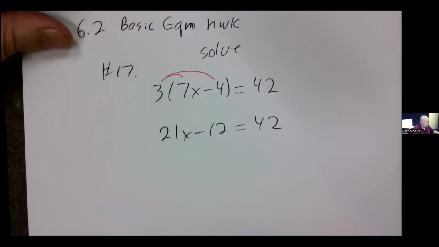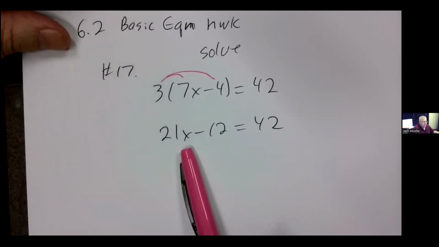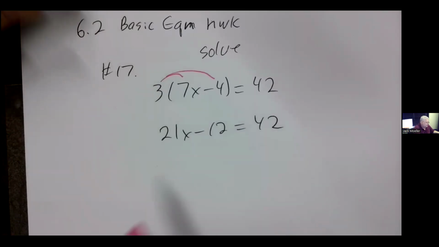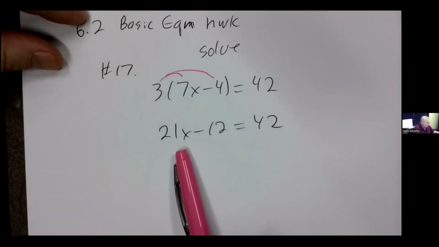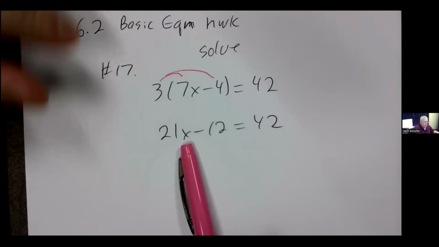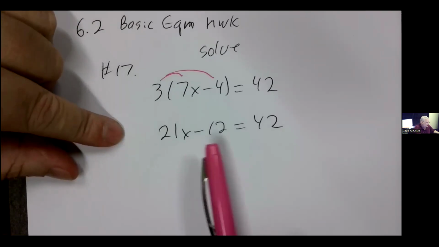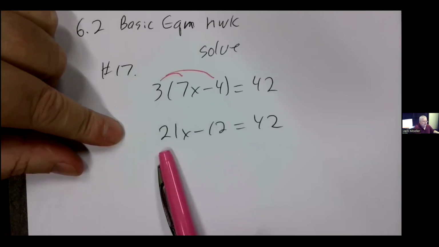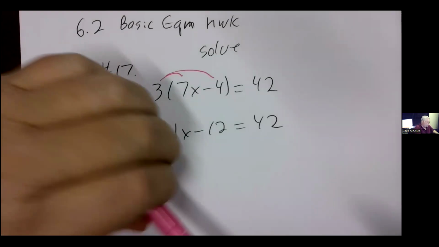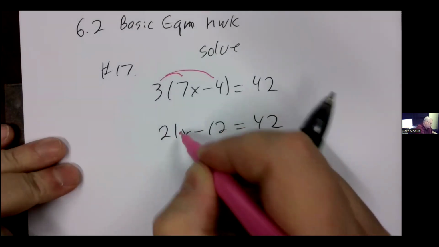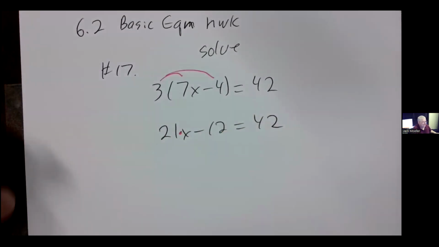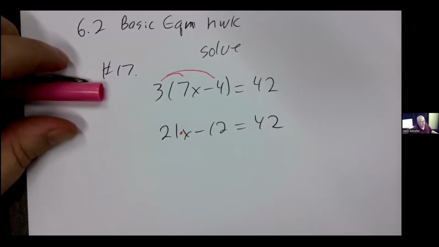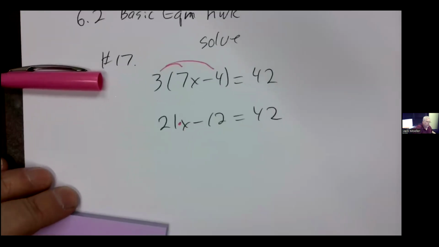Now once you distribute, you're back to a basic equation. We're trying to solve for x. This is the only x in the problem. Once you get into the multi-step equations, there will be x's on both sides, and I've got a video for that. But here we want the x on the left. So the 12 is going to have to move, and the 21 is going to have to move. As always, we're going to have to divide by 21 at some point, but division should always be your last step. So before we deal with that 21, we're going to move the 12 over.